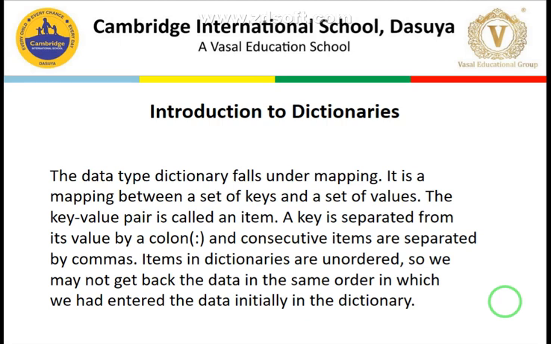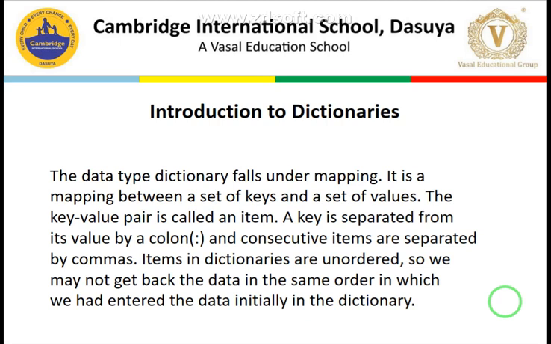Items in a dictionary are unordered. In comparison, a list was ordered. So we may not get back the data in the same order in which it was entered. If someone asks what is the difference, a list is ordered and a dictionary is an unordered data type.